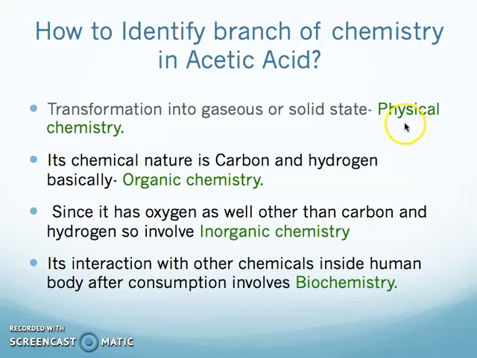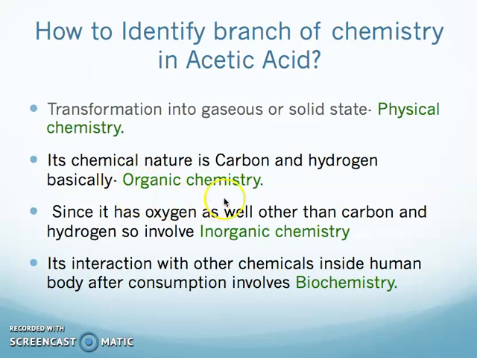Now we have the same acetic acid, and we are going to study its nature, like what it is made of. I have already explained that it is CH3COOH. So we have carbon, hydrogen, and oxygen in it. Any compound which has carbon and hydrogen together, we name it organic.